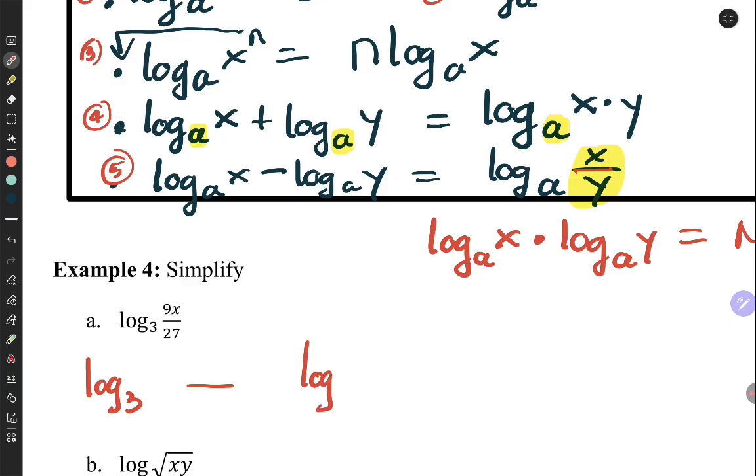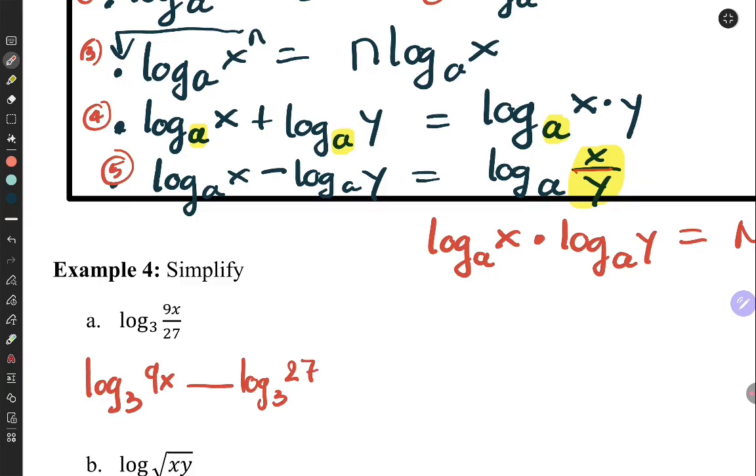For the first one, base 3 of the numerator, and base 3 of the denominator. So I'm going to write smaller.